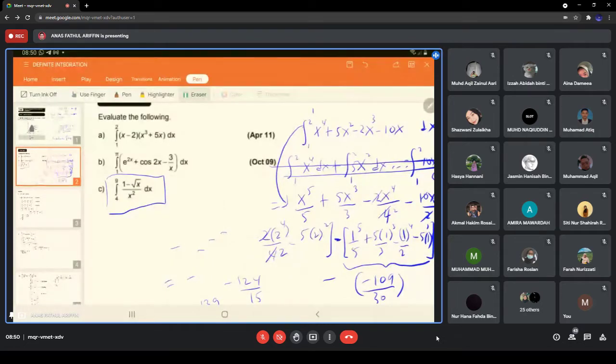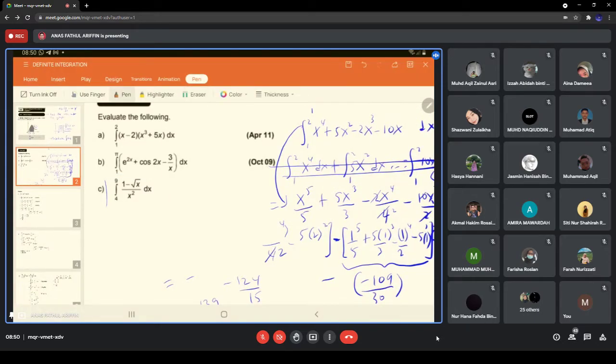First kali kita buat apa? Kita boleh naikkan dulu, combinekan dia punya denominator tu yang x square. So from here we have, integrate from 4 to 9, 1 over x square minus square root of x, which is basically x power of half over x square dx.